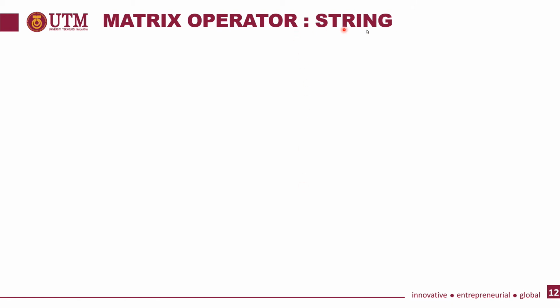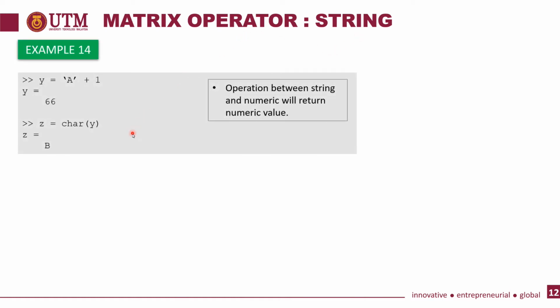Okay, how about the string? Are we able to execute any string operation inside a matrix operator? Yes, because in MATLAB, each character or string has its own integer value assignment. For example, the value of A here has been assigned to number 65 when we convert it into integers.